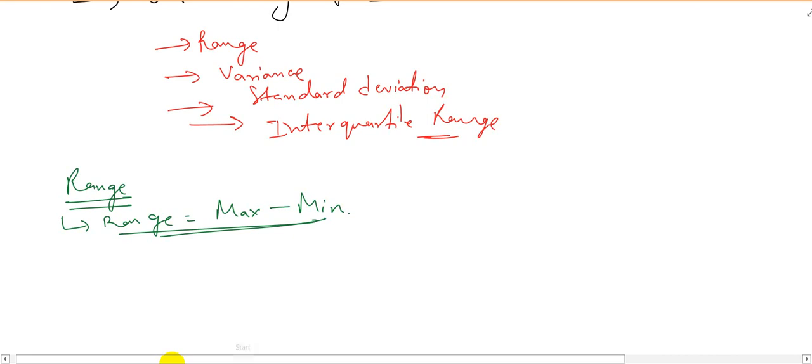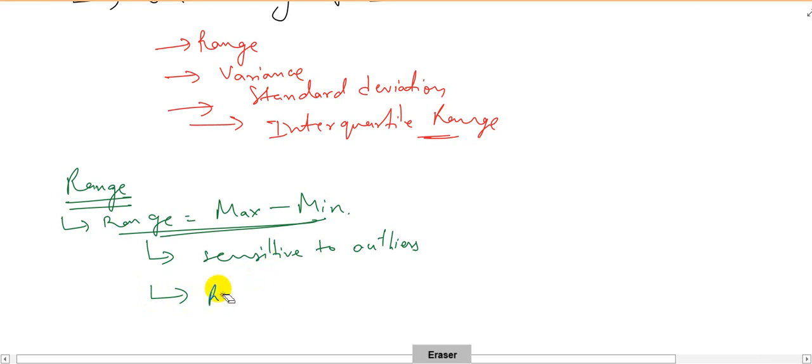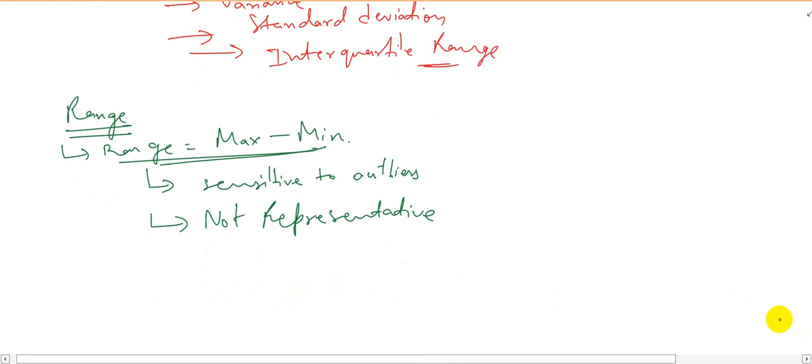So that's why we can conclude that range is sensitive to outliers, and again it is not very representative, because we can't say just by using two values how scattered the data set is, right?